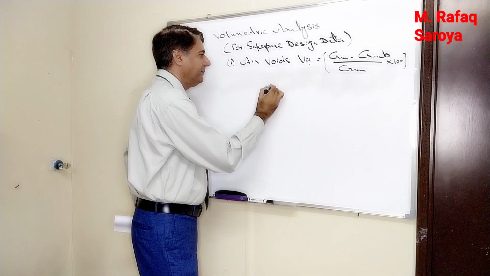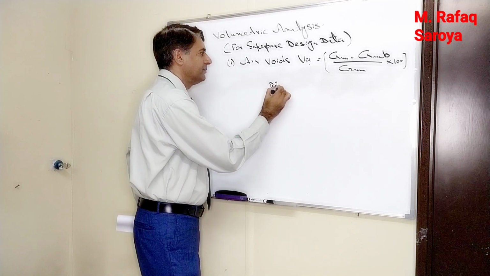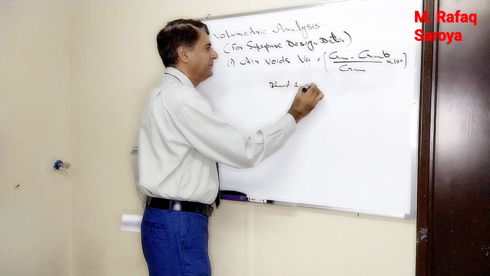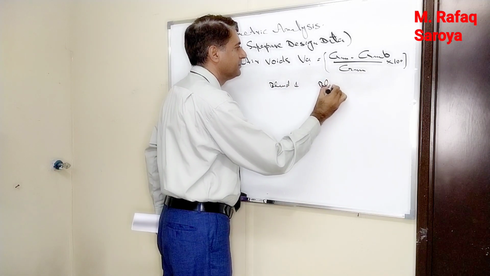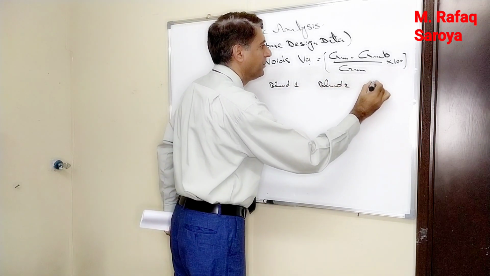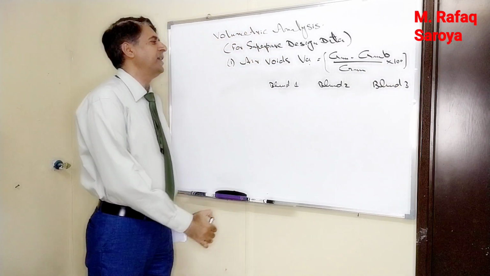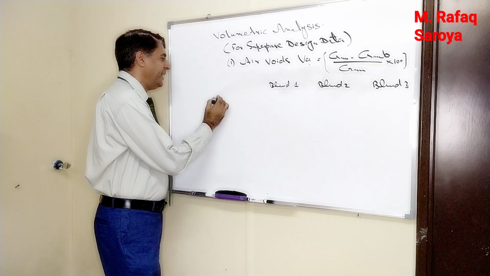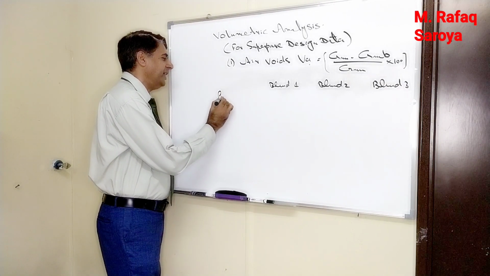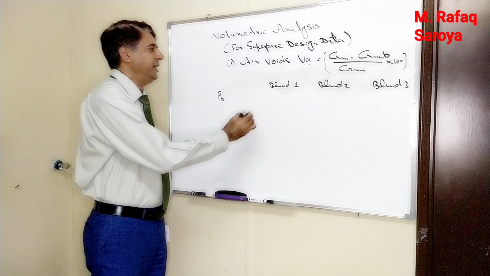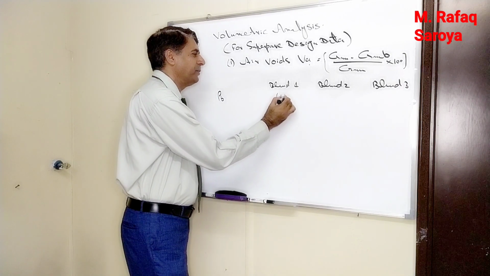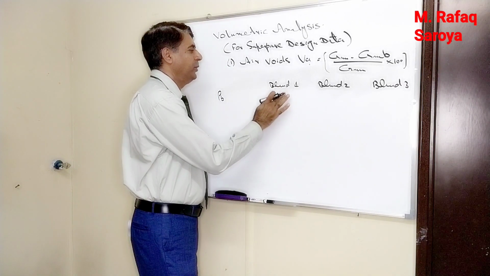Just keep this in mind. We have the three blends: blend 1, blend 2, and blend 3. With these three blends, let me tell you about the percentage of the binder used. In blend number 1, it is 4.5%.